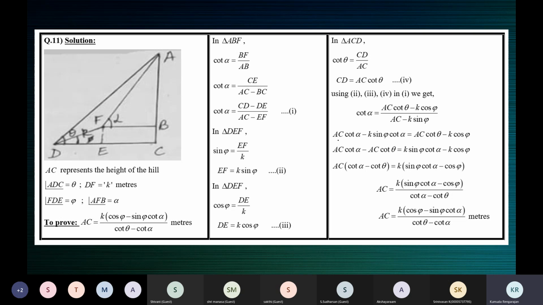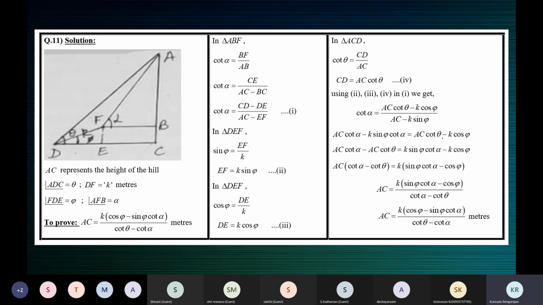Upon cross multiplying, please have a look. This is what we get. How to work this ahead? We have to get the answer like AC is equal to. We have AC in 2 terms, here and here. So we'll have to gather the AC terms on the same side, take out AC common and hence find AC.